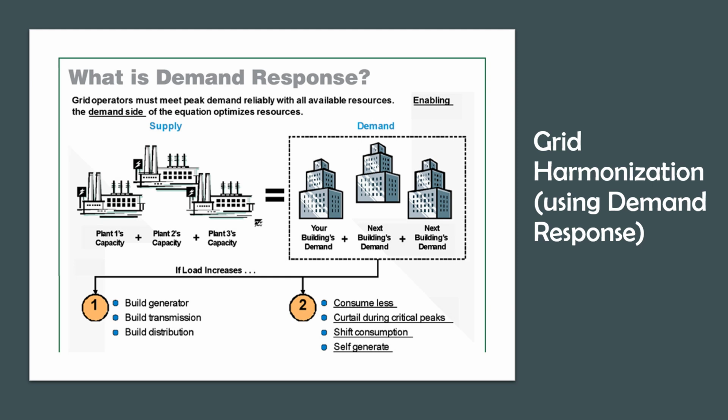Case 1 is to participate in an existing demand response program. The second case is to build so that you can participate in a future demand response system. And the third case is to implement load flexibility and management strategies, such as peak load optimization and on-site thermal or electricity storage.